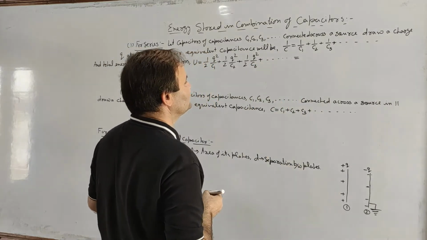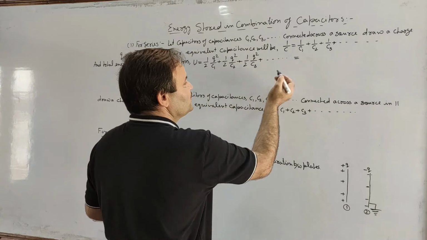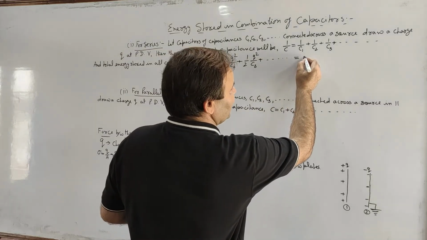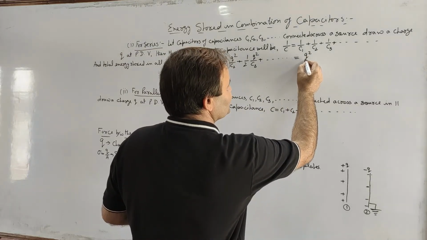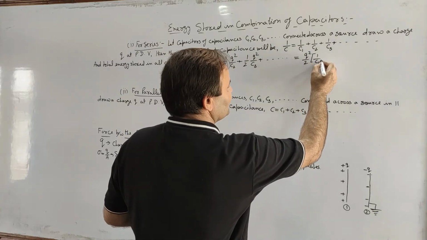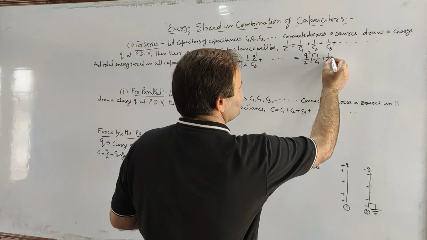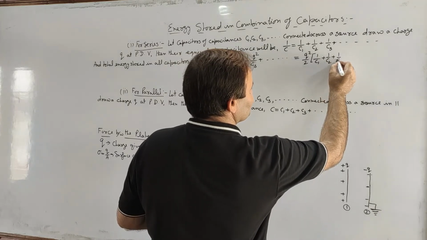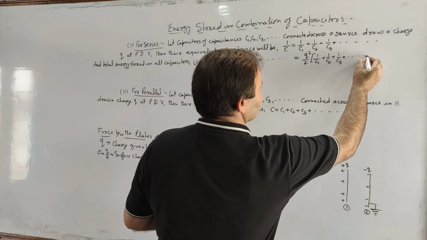This is equal to, half Q square will be taken as common, so Q square by 2 will come outside, and it will give 1 upon C1 plus 1 upon C2 plus 1 upon C3 plus so on.